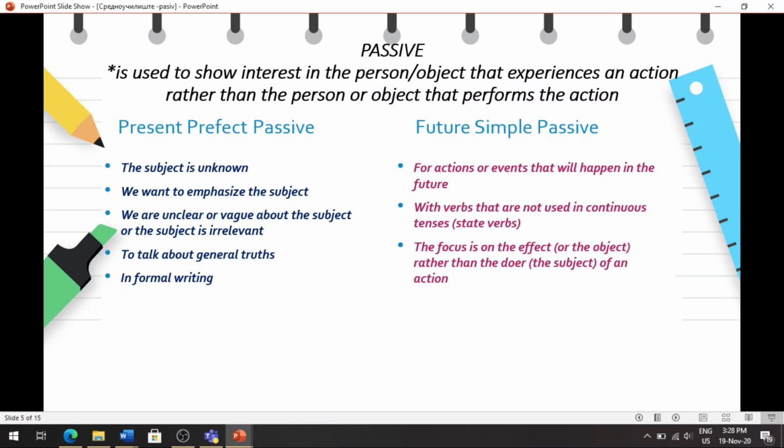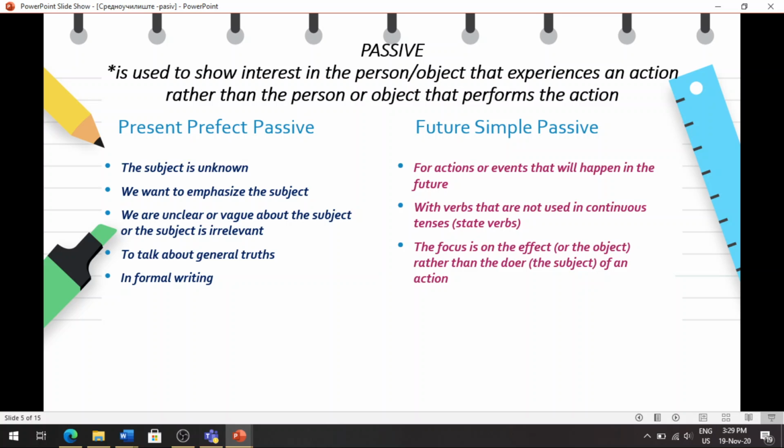And here is the main objective of this lesson, passive voice. The passive form is used to show interest in the person or the object rather than the person or the object that performs the action. So we focus the attention on what or who receives an action.